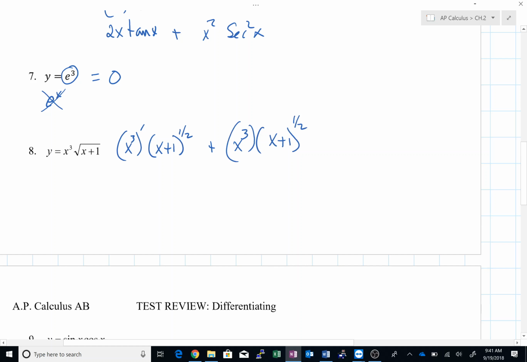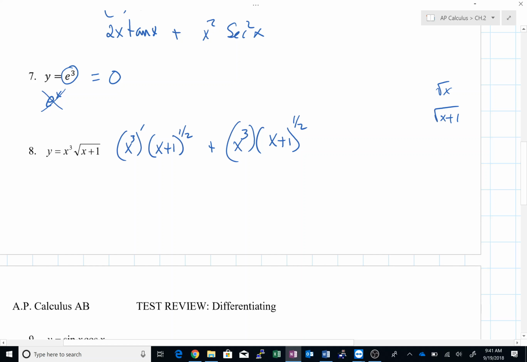All right. Now, this one kind of slipped in. I did this subconsciously. Technically, you don't know how to do this problem yet. We only know how to do square root of x. We do not know how to do square root of x plus 1. But I will tell you it's going to turn into the same thing.